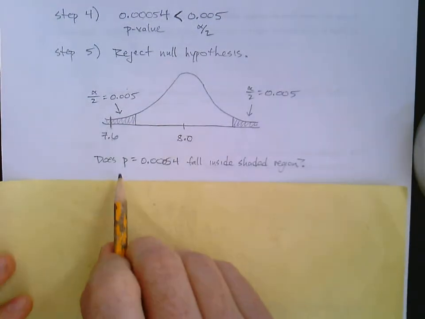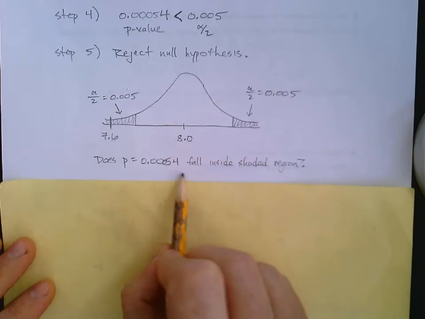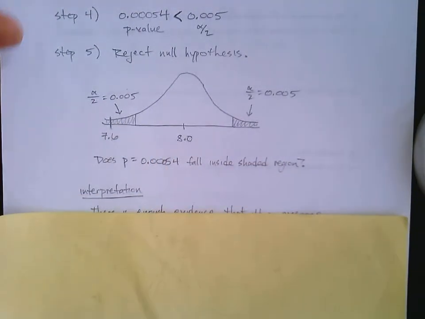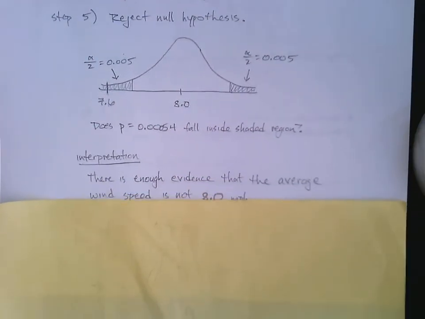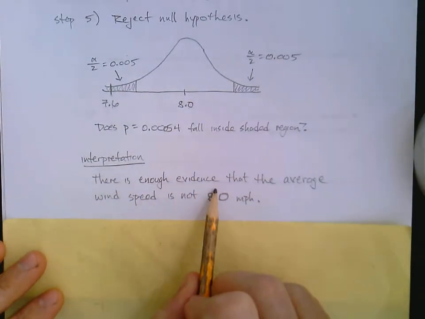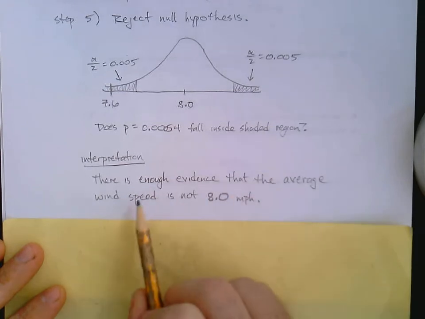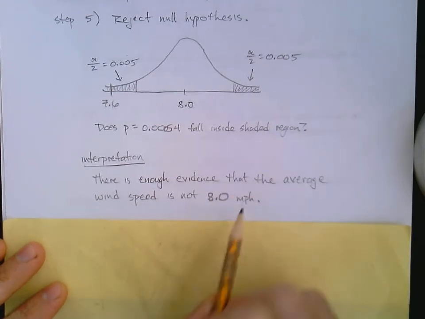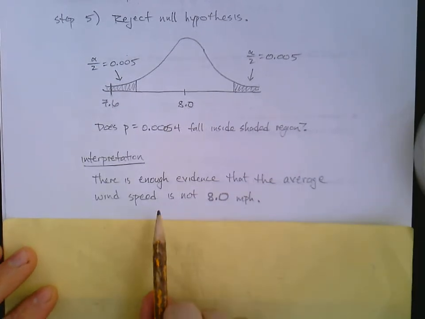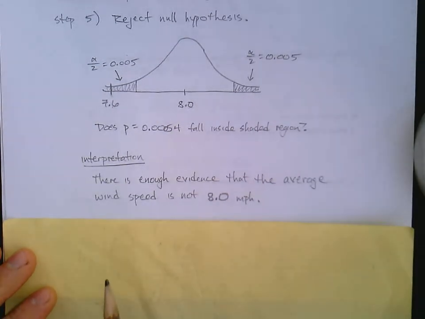And okay, looks like I was explaining it here again. Does p fall inside the shaded region? Yes, it does. And now here's the interpretation. If we reject the null hypothesis, then that means there is enough evidence that the average wind speed is not 8.0 miles per hour. One thing we've got to be really careful about is the way we phrase this interpretation.